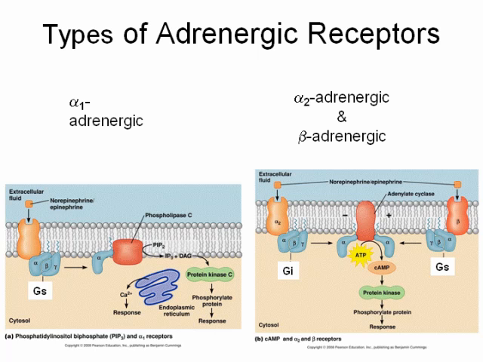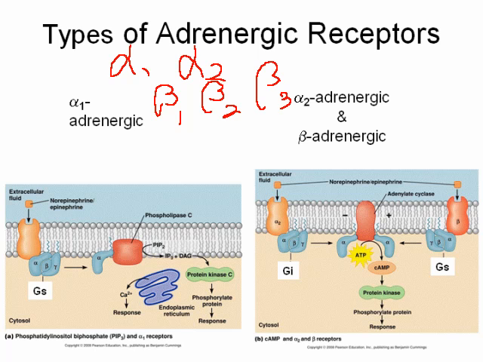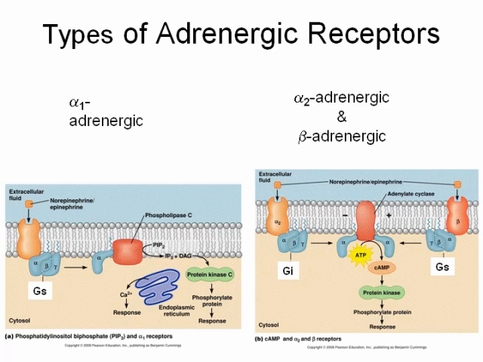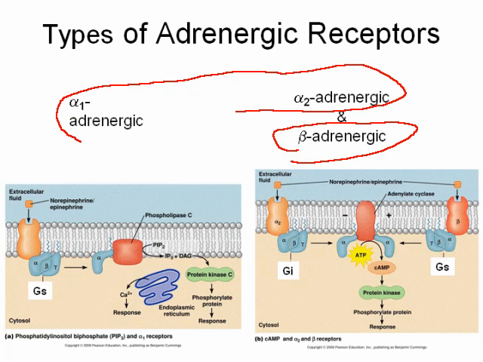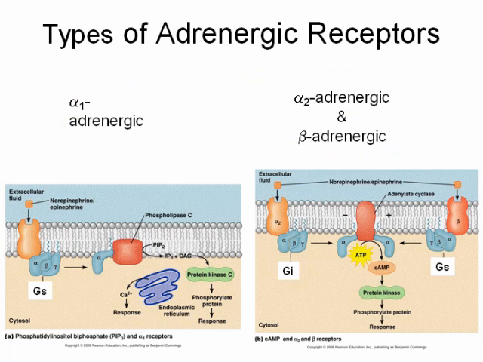As I mentioned a couple slides ago, there are 5 subtypes of adrenergic receptors. There are the alpha 1, alpha 2, beta 1, beta 2, and beta 3. We only show alpha 1 and alpha 2 here, and then beta thrown together, and I'll explain why we're doing that.